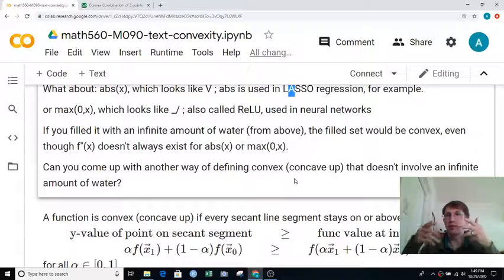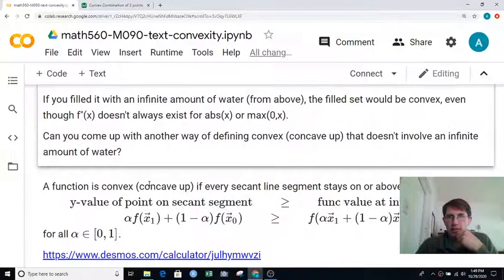And here, everything within the region is everything above the function, because we're filling it with water. So you could say a function is convex if every secant line segment, so pick 2 points on the function, draw the line segment between them, if that stays on or above the function, for every pair of points on the function, then we'll say the function is concave up or convex, because it gives us a convex region above it.